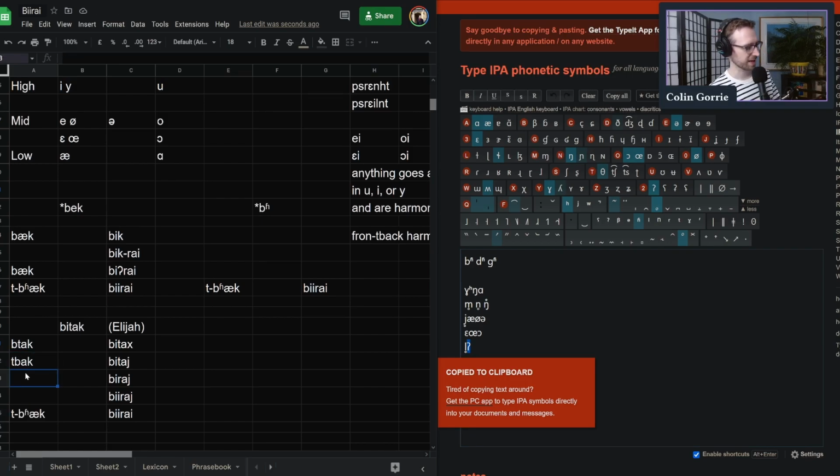Well, unless you count something along these lines. Elijah, feet, Quain. That works. I like this. I like this reconstruction. Bitak. Tbæk. All right, let's see what else we can do. I like this reconstruction, I think, better than my own.